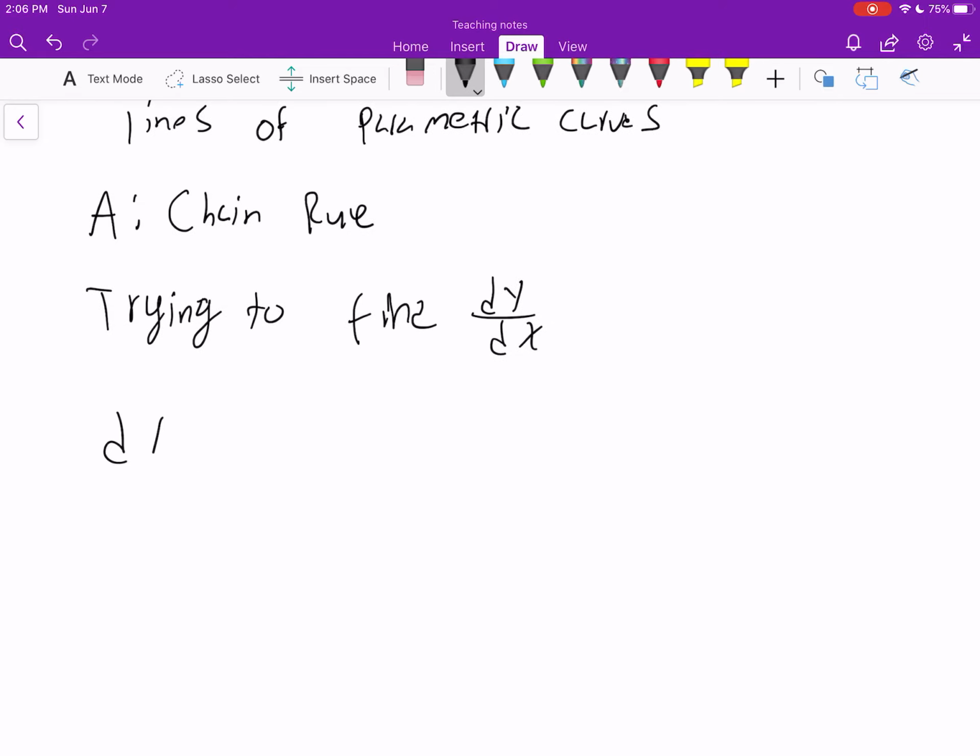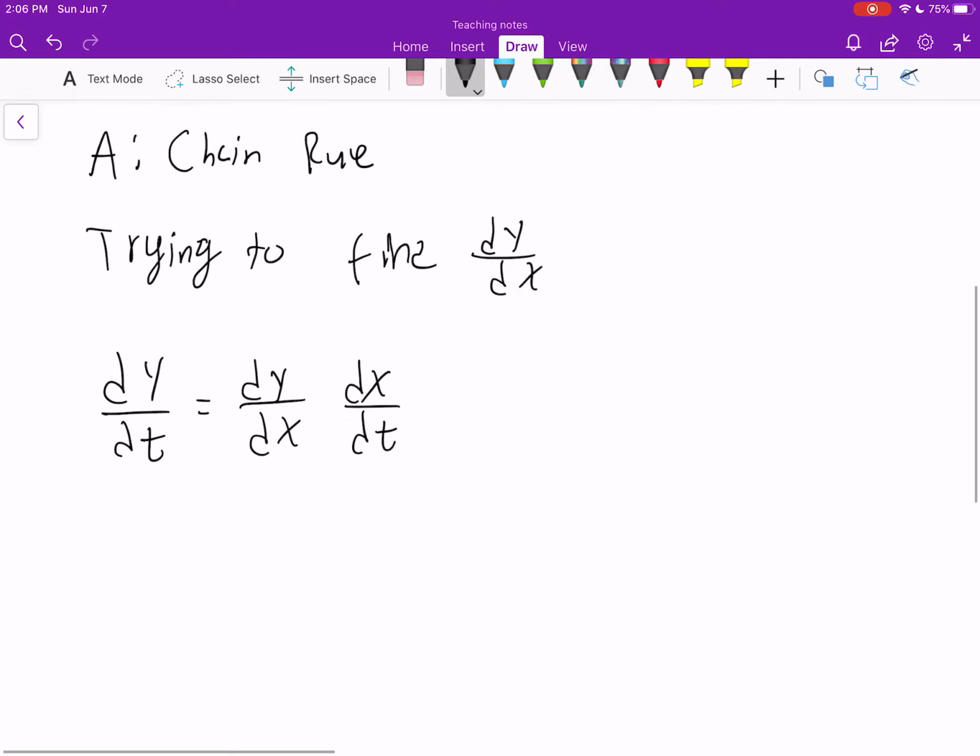And to do that, I'm going to first think about, okay, what is dy/dt? Well, dy/dt is going to be equal to, by chain rule, dy/dx times dx/dt. The way you think about chain rule, and this is a mnemonic device, it's not anything rigorous, is, if these things were fractions, you would be able to cancel the dx's out, and you would be left with just dy/dt. So that's how you remember how to do chain rule like this.